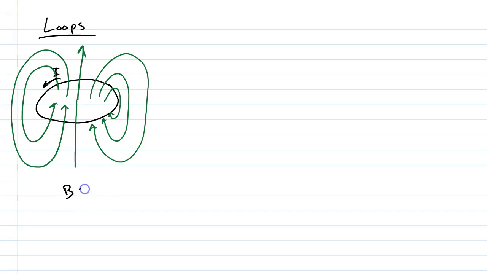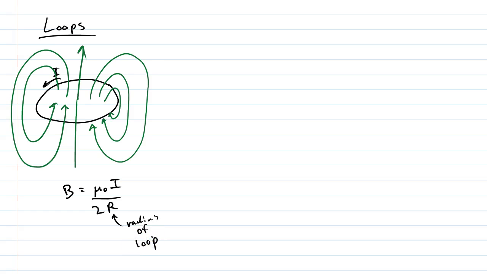Just know that for a loop, this is the magnetic field in the very center of that loop, it has a slightly different equation. It's mu naught I over 2r, where r is the radius of the loop.